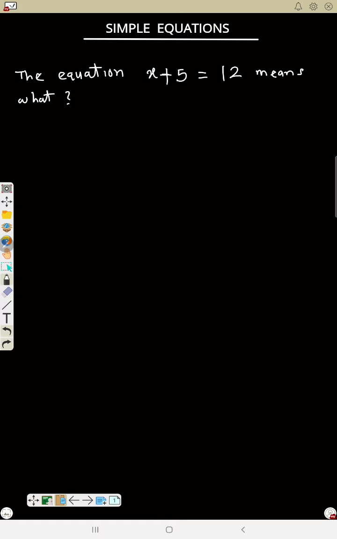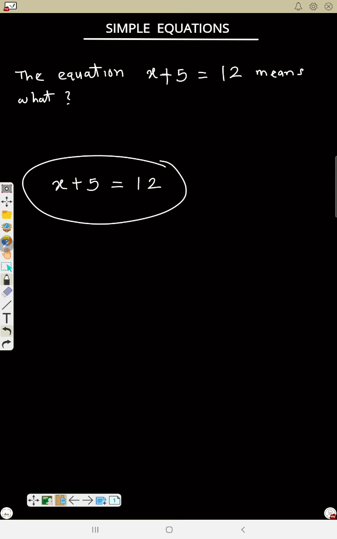Now we have x plus 5 is equals to 12. What is the meaning of this equation? So it means what number when added to 5 gives 12. Again, it means what number. Do you know this is x?